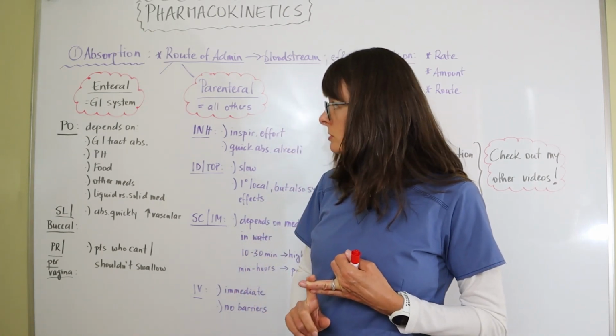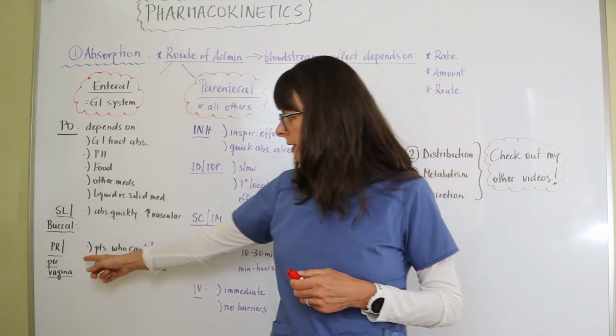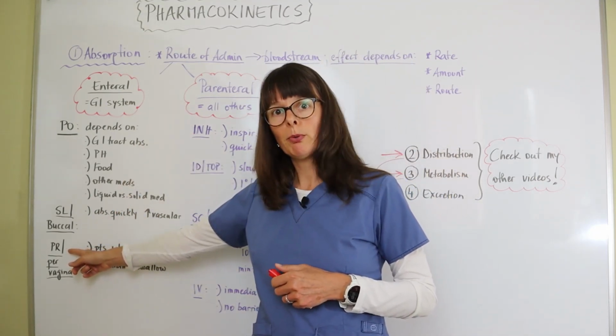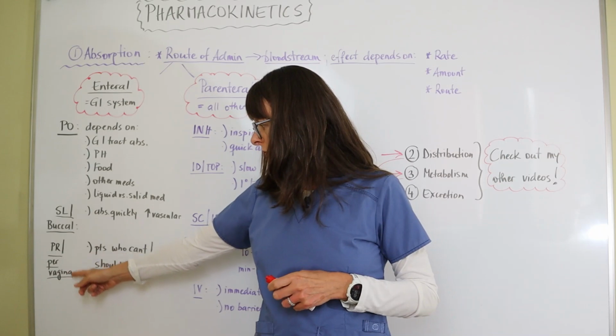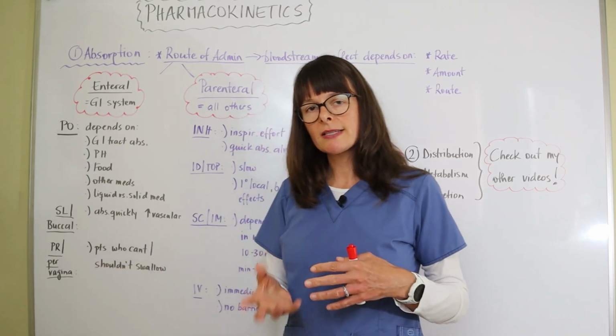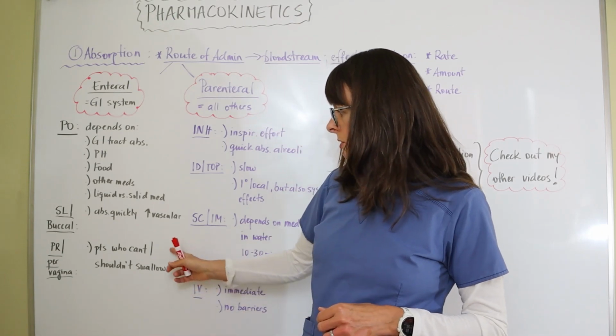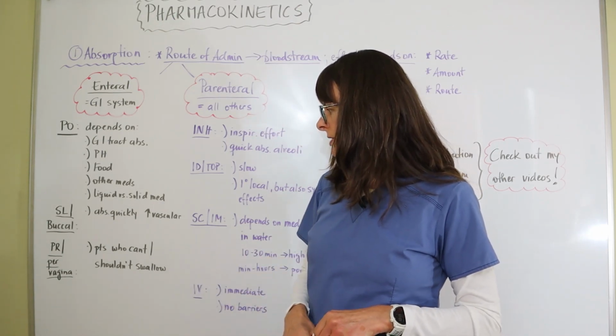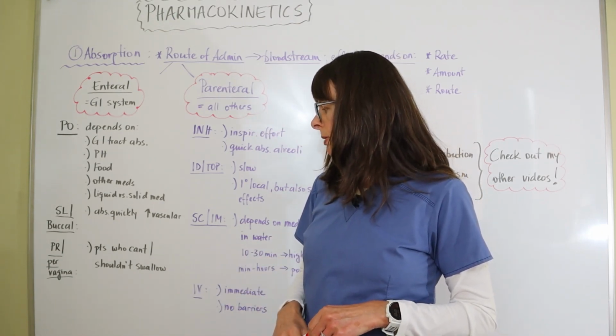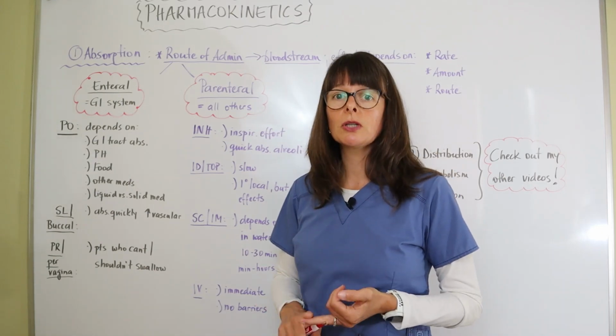And then there's also the GI system, so it can be administered PR, per rectum, and then per vagina. It's not necessarily the GI system, but it's also another route besides the other ones. And those administration routes are reserved for patients who cannot or should not swallow.